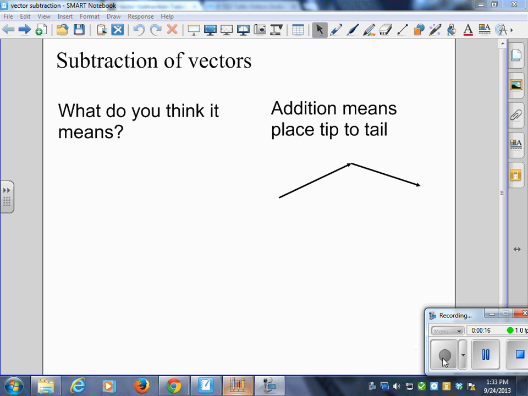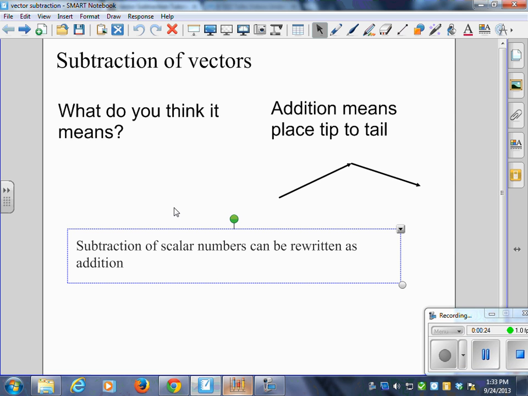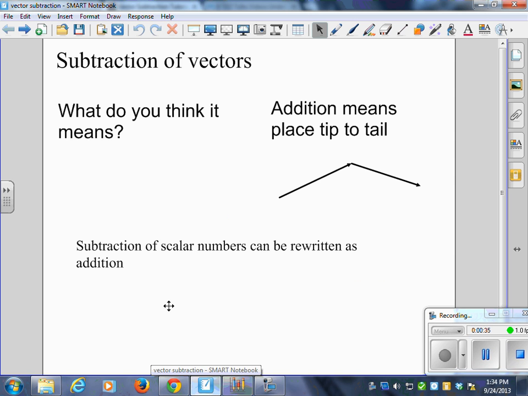What do you think it means? Addition means place tip to tail, right? Now, if you subtract scalar numbers, we can rewrite scalar addition as subtraction, right? And you probably saw this in some form of introduction to integers, right?